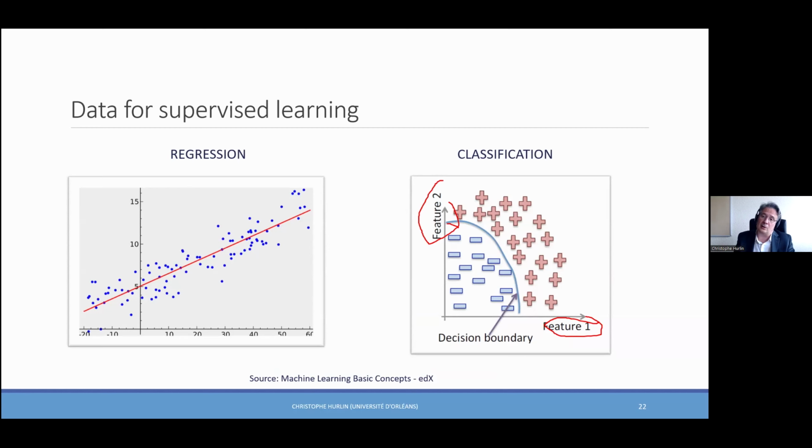And then you try to find the hyperplane, so the separation, the decision boundary, depending on x1 and x2, that allows you to forecast what will be the value of y for new data, for instance for a test set.